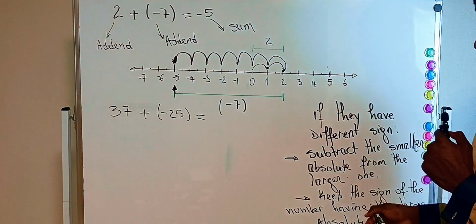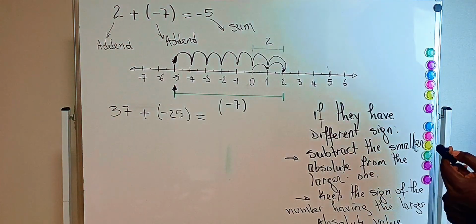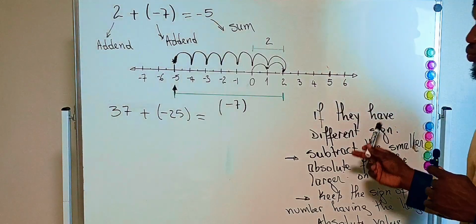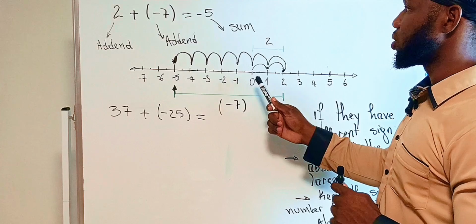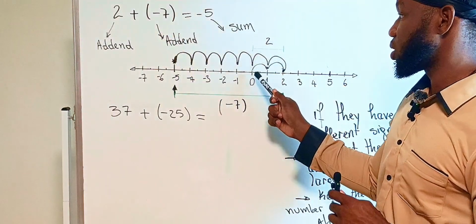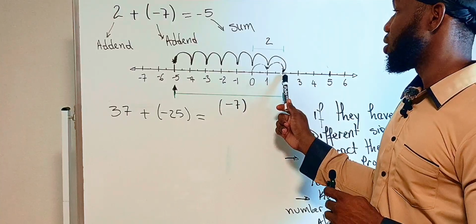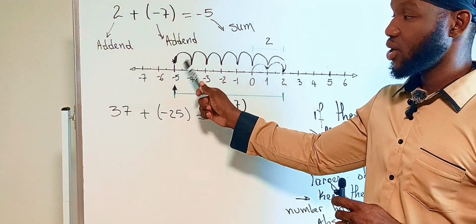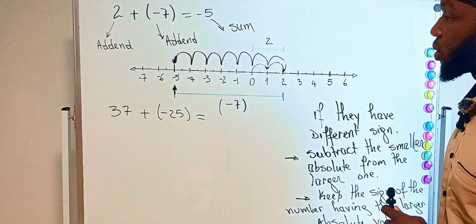Let's review it quickly before solving. I had 2, a positive number, plus negative 5, counting 1, 2, 3, 4, 5, 6, 7, and the answer is negative 5.